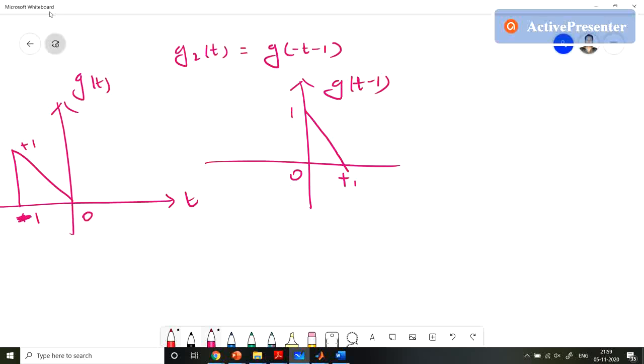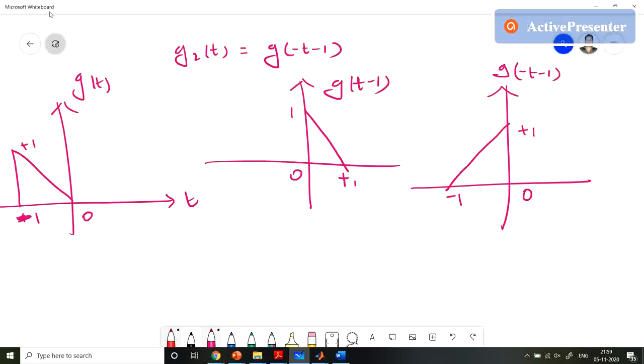This is Gt minus 1, and the time reversal will give us this equation, and that is G minus t minus 1 is equal to G2t. This is the graph of G2t.